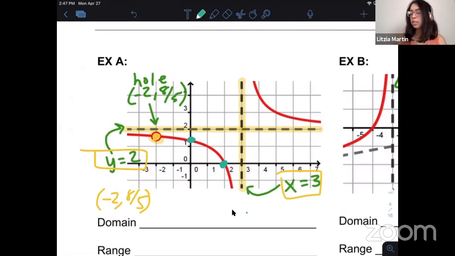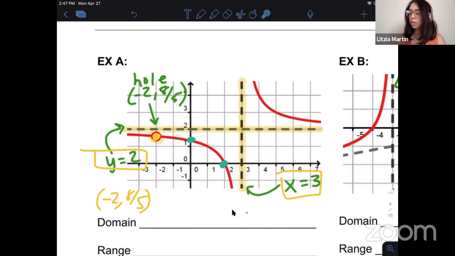So what I can see is these asymptotes create these 4 different quadrants. See how we have a quadrant here, here, and here. We want to figure out what 2 quadrants our graph is going to be in. So a rational function is always going to exist diagonally across from each other, each of the pieces.